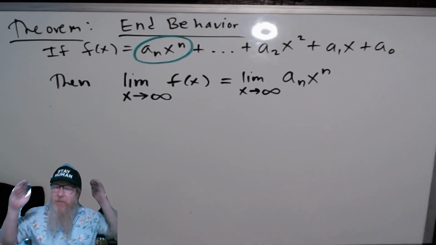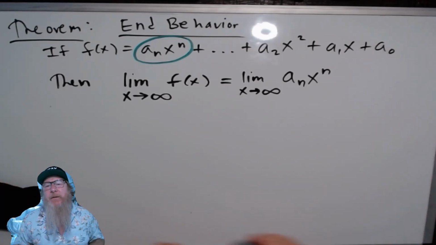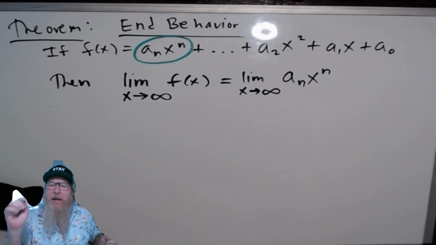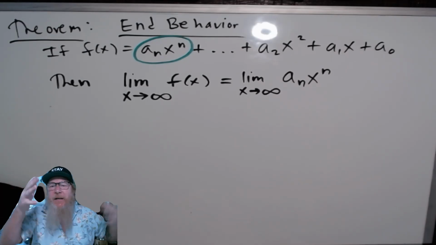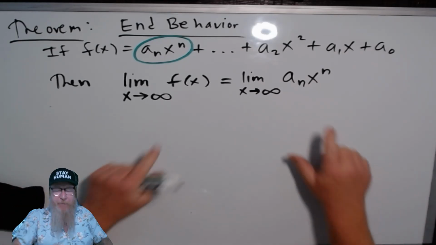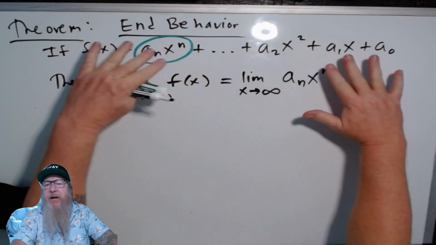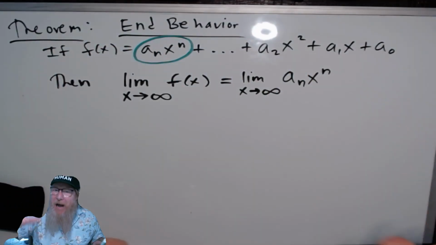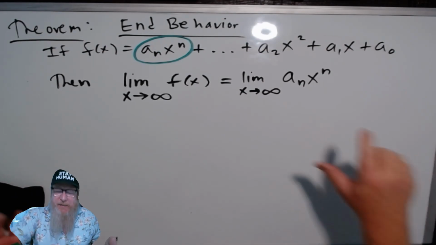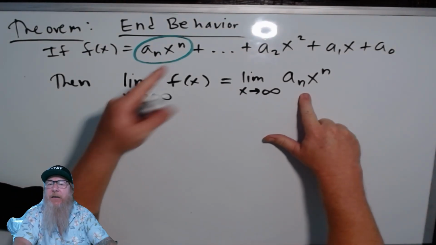I think I've done it before, not with this function, but you've seen me do that. You plug in 100, 1,000, 10,000, 1,000,000, just getting larger and larger. You'll see that the whole function, using all of the terms, ends up being approximately the same as just looking at the leader.